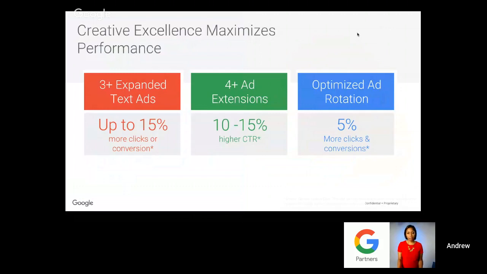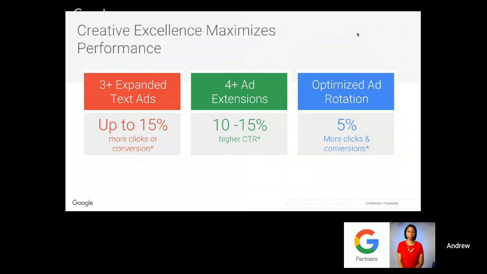Before we do so, you might be wondering, why are we starting off with the basics? The reason is these seemingly small account best practices can lead to some pretty big impact on performance for your clients. So let's talk about what that means. Adding 3 or more text ads to every ad group can ensure that you have up to 15% more clicks or conversions in comparison to ad groups with 1 or 2 ads in each of them.